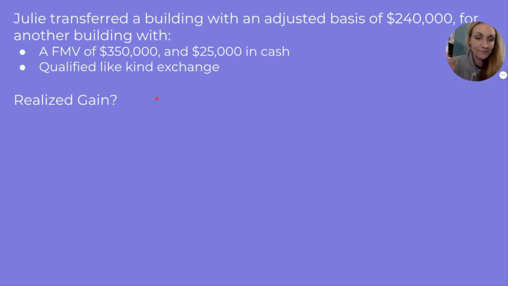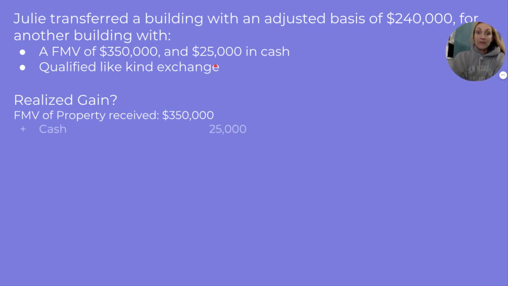Gain or loss, sale price minus basis. And in this case, we start with the fair market value of the other asset. So Julie transferred a building with an adjusted basis of $240,000 for another building with $350,000. We only have one side in this equation, which actually makes things easier. What did Julie get? $350,000. What else did she get?